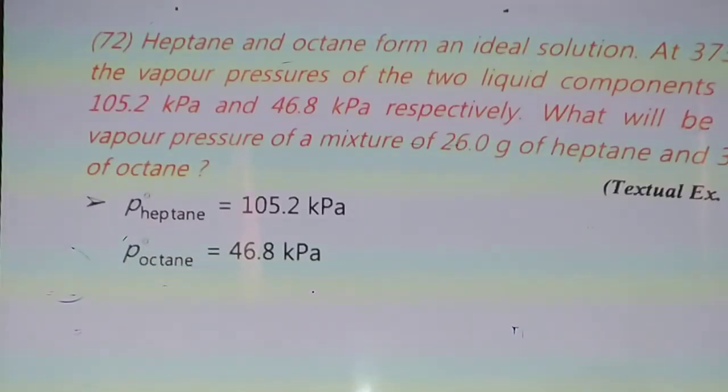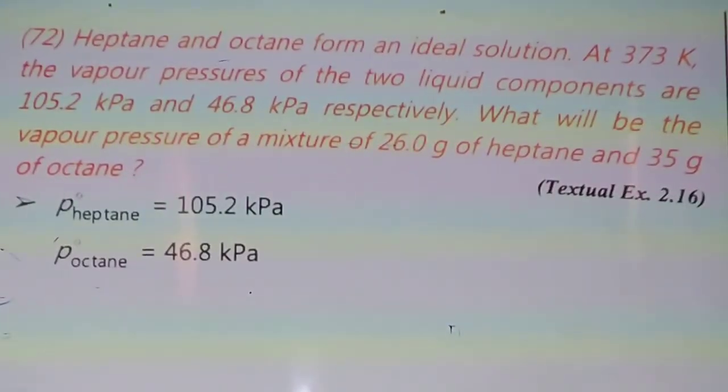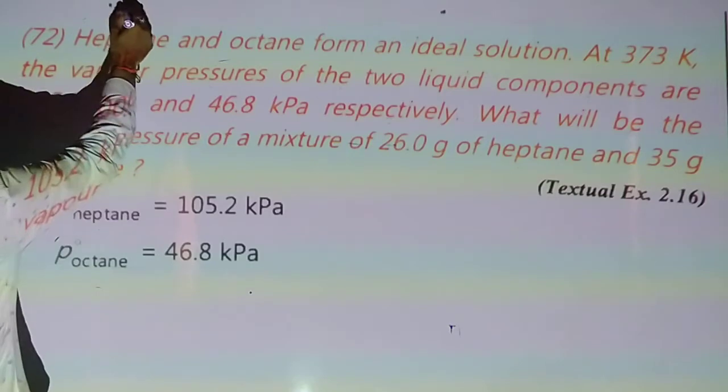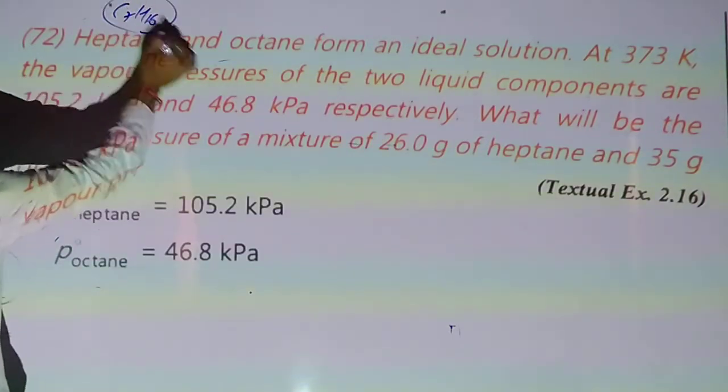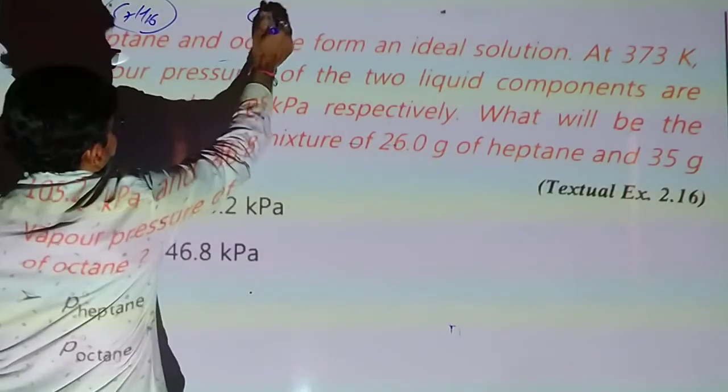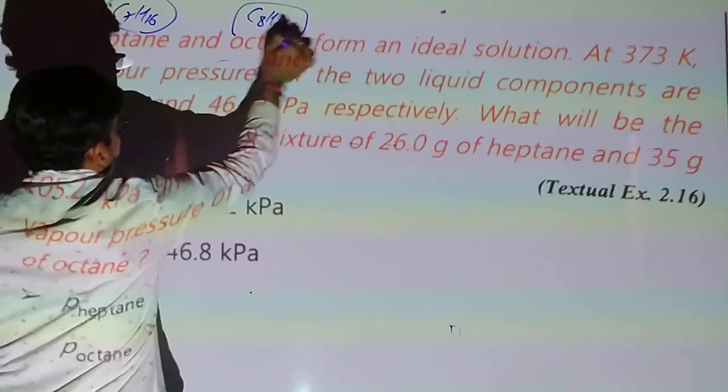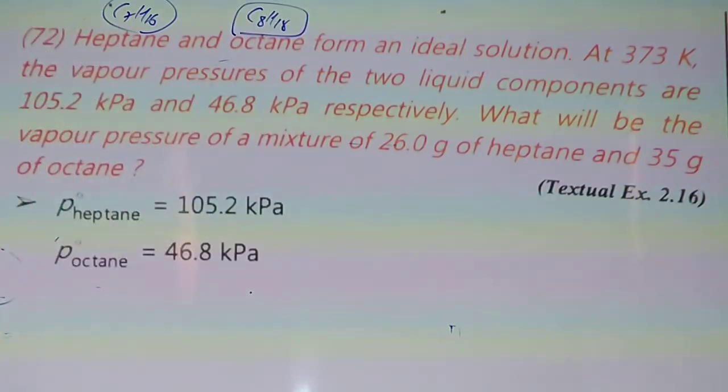Heptane and octane form an ideal solution. Heptane means C7H16, octane means C8H18. They form an ideal solution at 373 Kelvin.